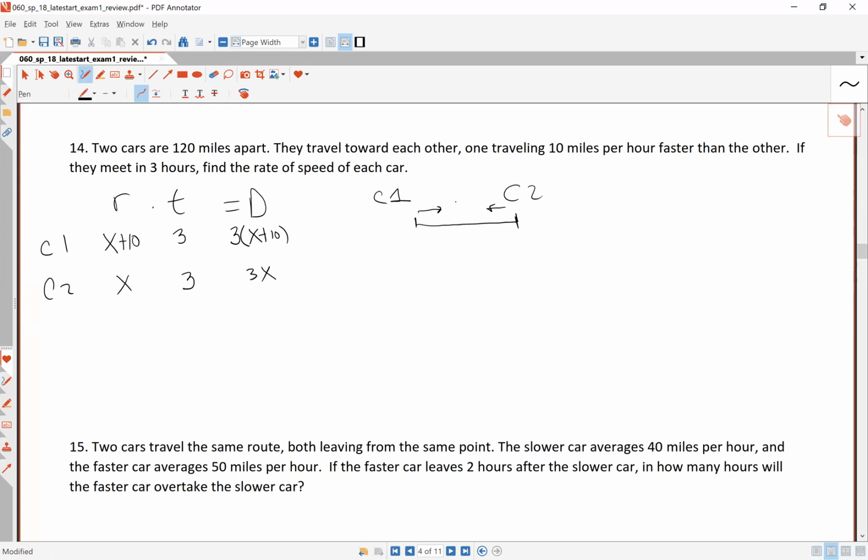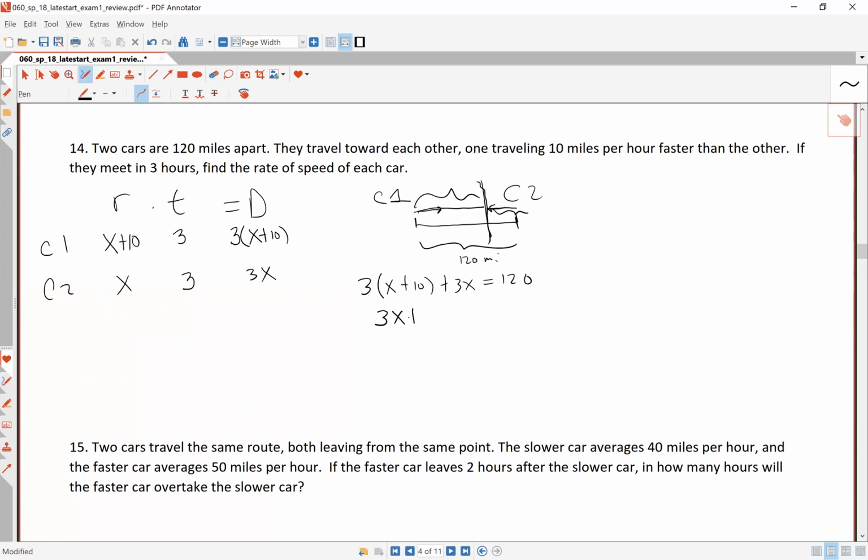Since these cars started off 120 miles apart, and car one's going faster than car two, it's going to travel a little further than car two. But what we know is that their distances, if we add them up, has to be 120 when they meet, because the distance for car one plus the distance for car two has to be 120.